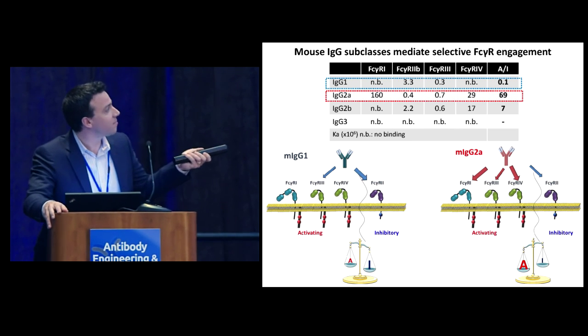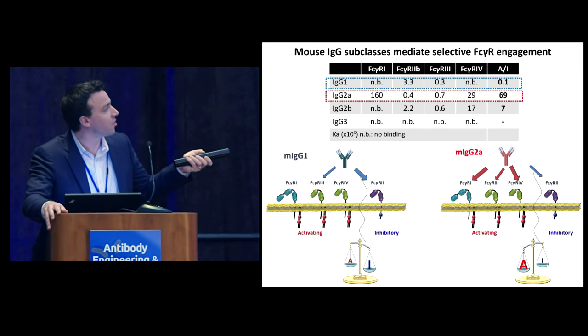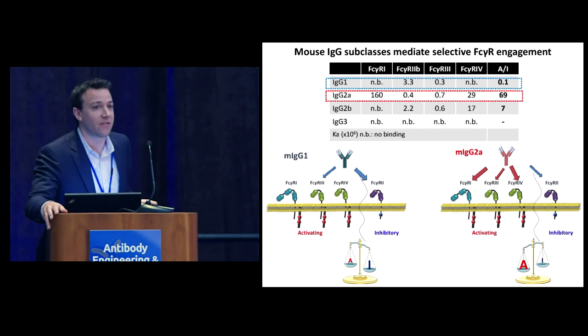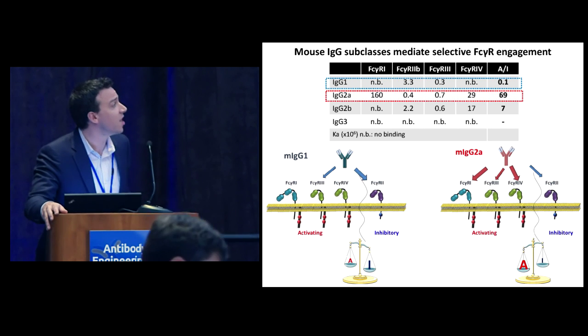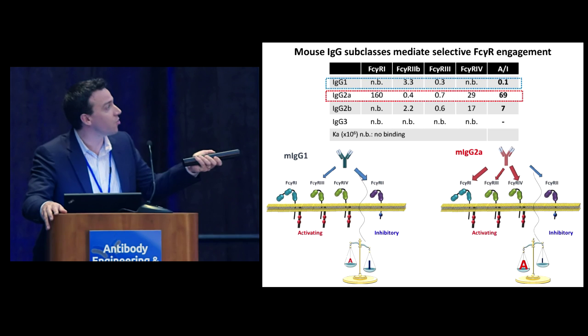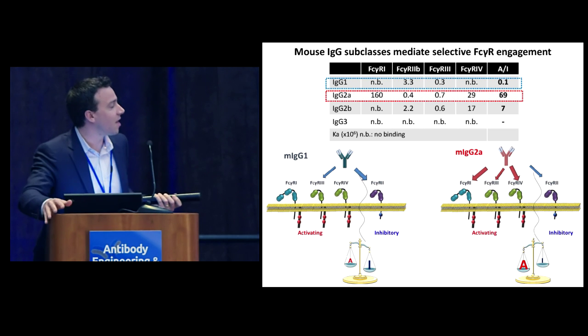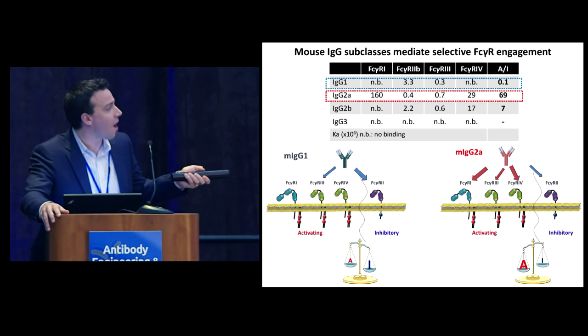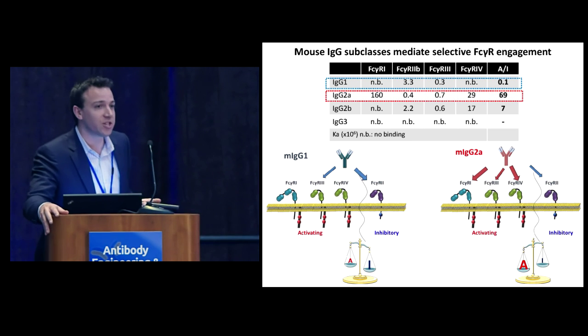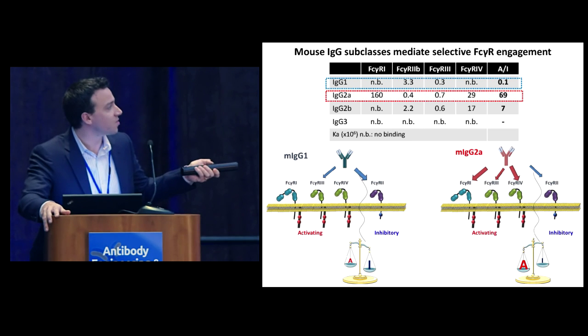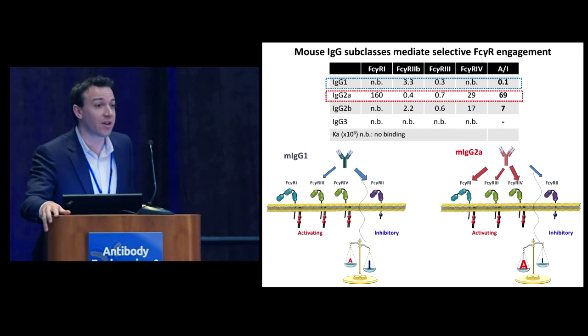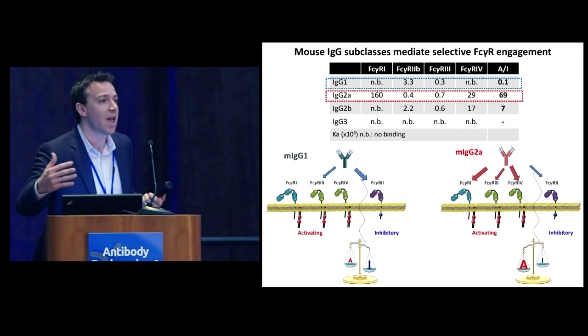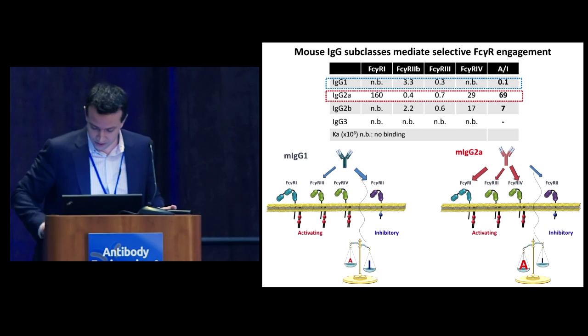By contrast, mouse IgG1 antibodies preferentially interact with the inhibitory Fc receptor and don't engage at all with the main activating Fc receptor in mice, giving it a very low activating to inhibitory Fc receptor ratio. And this dictates the in vivo outcome of an antibody response, whereas mouse IgG2 antibodies preferentially interact with activating FcRs and mediate pro-inflammatory activities, whereas mouse IgG1 antibodies preferentially interact with inhibitory Fc receptors and mediate anti-inflammatory activities.